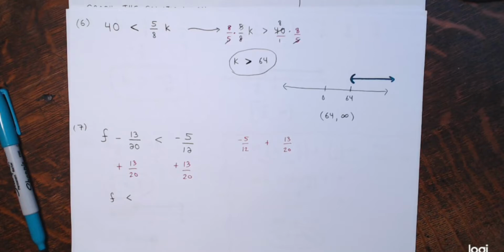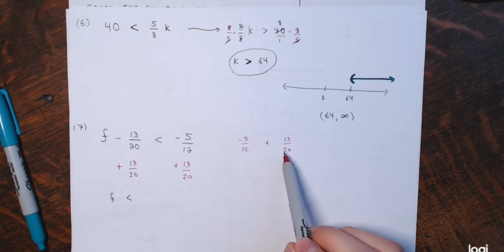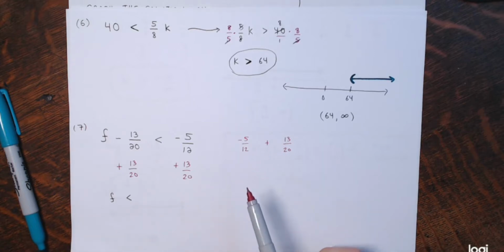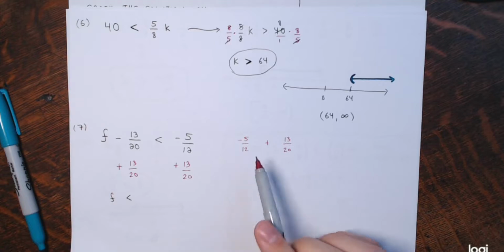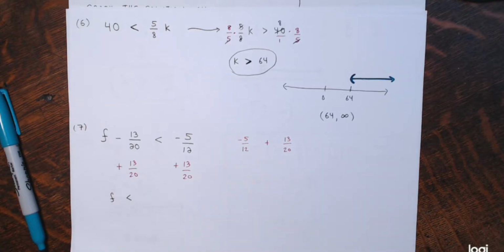When adding or subtracting fractions, you need a common denominator. Now, you could just multiply these to get a common multiple. 12 times 20 is 240, and get that to be the common denominator. But there is a smaller number that these both go into, and that would be 60.